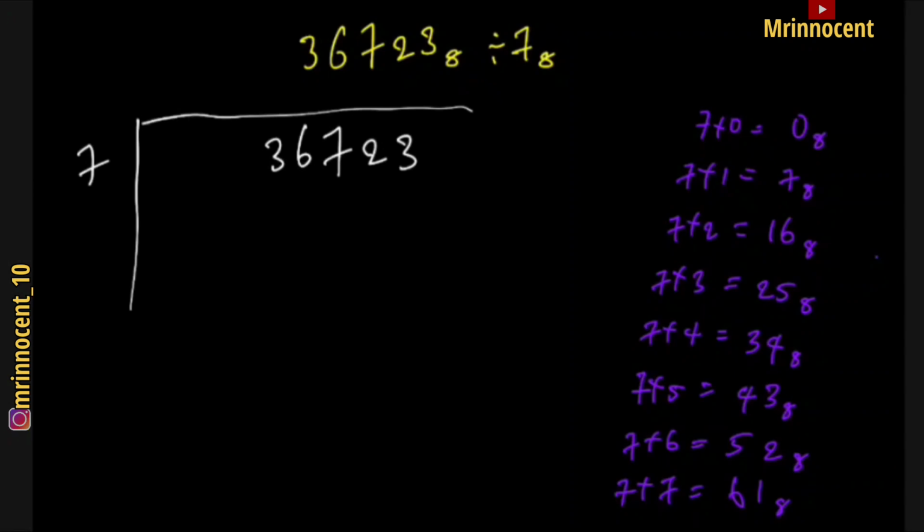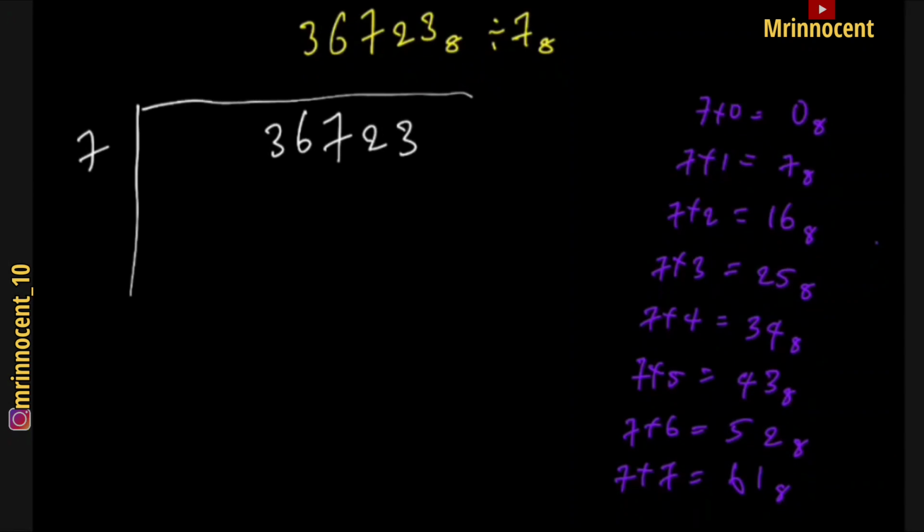So you come to your chart table and look for a number that is 36 or a number that comes before 36. So here you have 4. So it's 4. 4 times 7 is 34. You subtract. So you have 6 minus 4 is 2. And 3 minus 3 is 0.